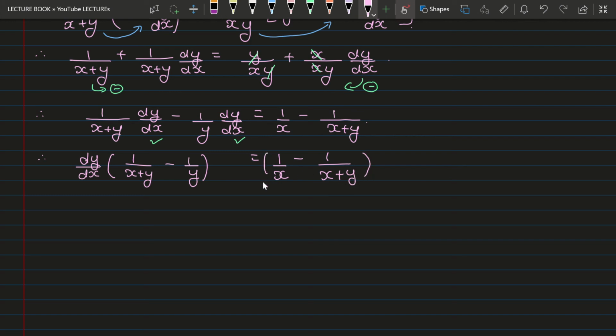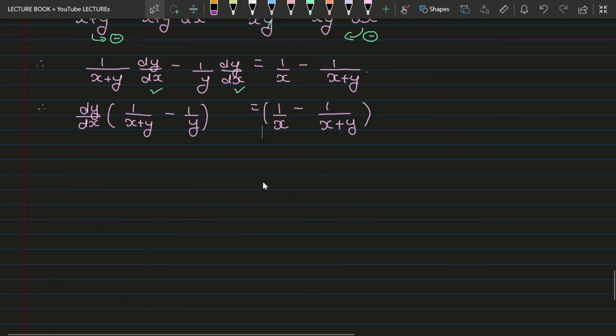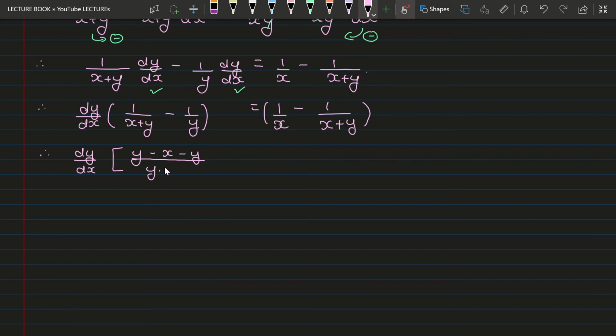Now what we will do over here is on the left hand side as well as on the right hand side, both the sides we will be taking LCM, but very carefully because there are lots of signs which are involved over here. So this dy by dx remains as it is. I get y minus x and minus y because plus and minus will become minus. Y multiplied by x plus y.